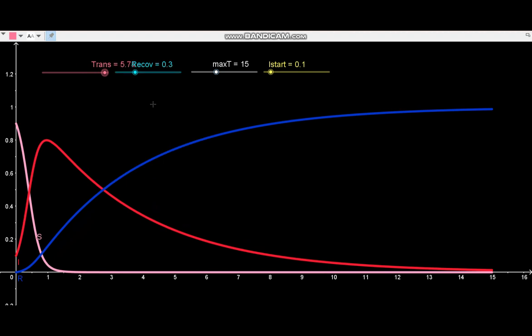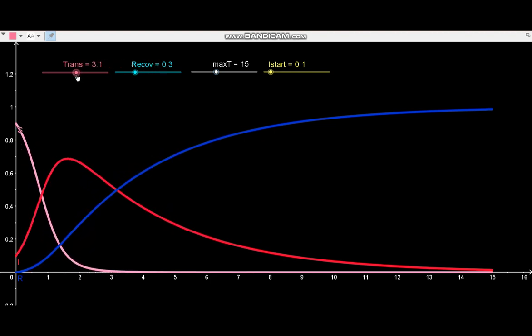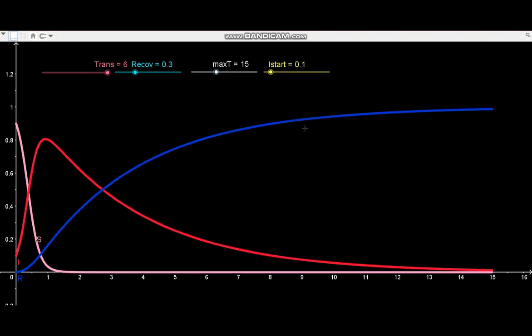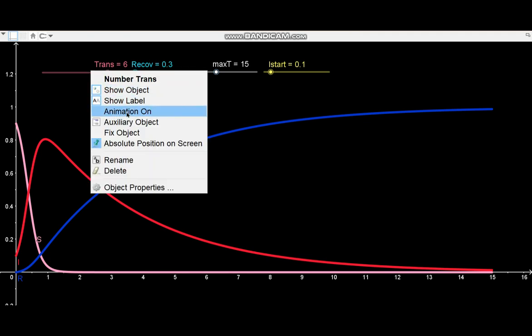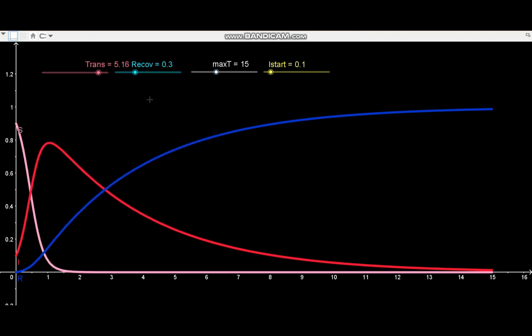And if we set the transmission rate as 10 times higher than the recovery rate, which is 3, we can see that most of the people got infected at almost day 3. This time, if we decrease the transmission rate, we can flatten the red curve.